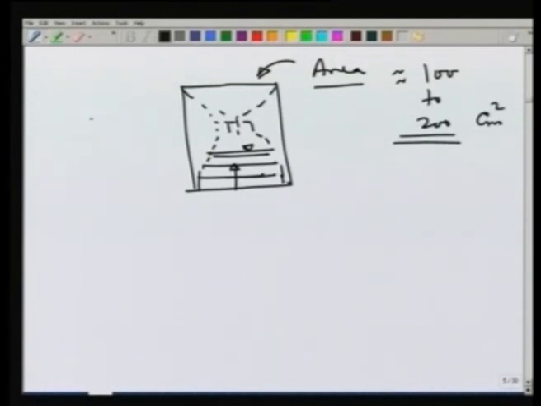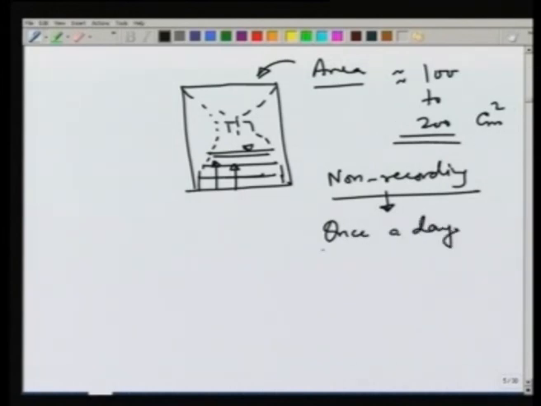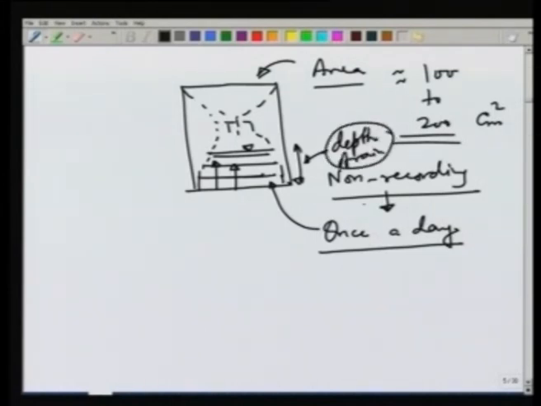So, these are non-recording gauges because a continuous record of the water level with time is typically not kept in these, and what is generally done is once a day the person who is maintaining this rain gauge will go look at the water level and report that as the depth of rain during that time period.